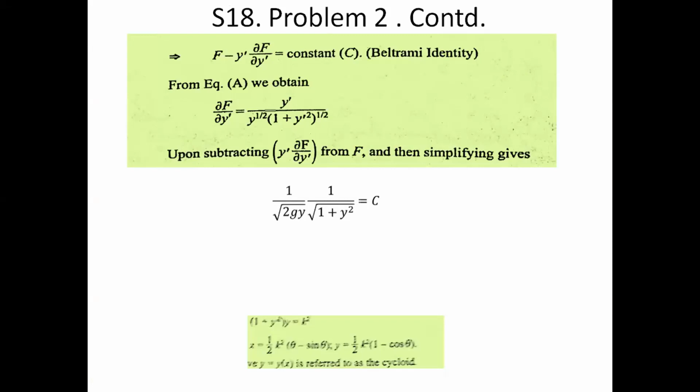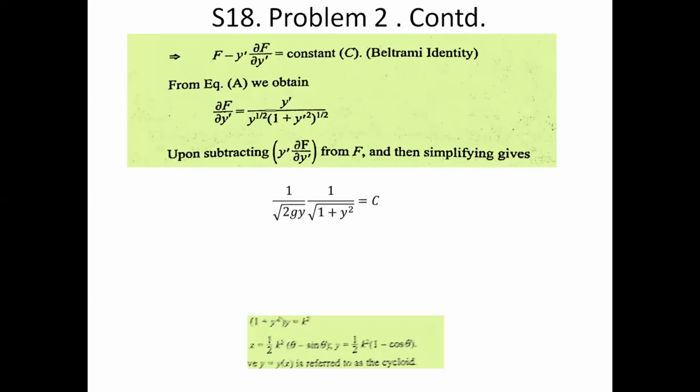So I find that ∂f/∂y' after differentiating with respect to y' becomes what is shown in this slide. And I have substituted that into the Beltrami identity with the expression for f.